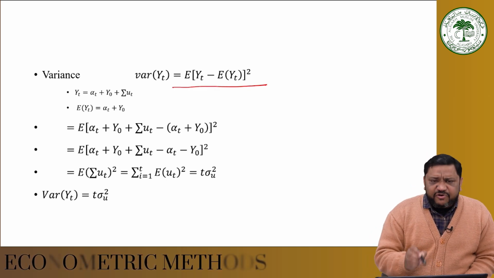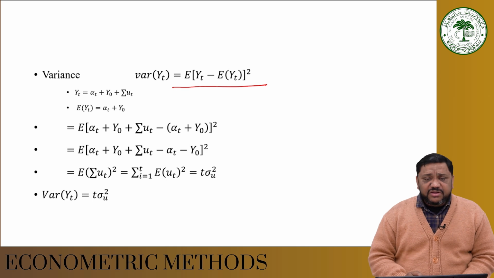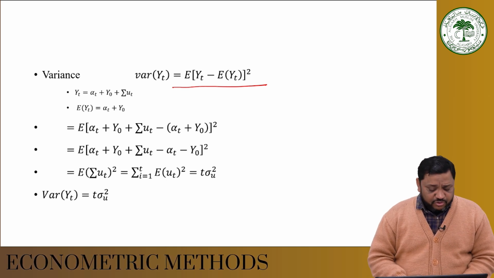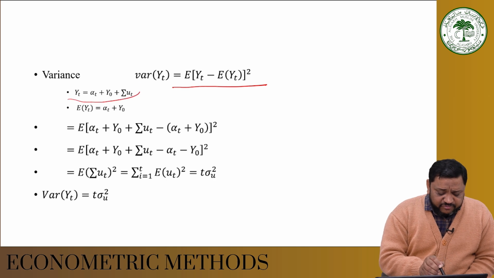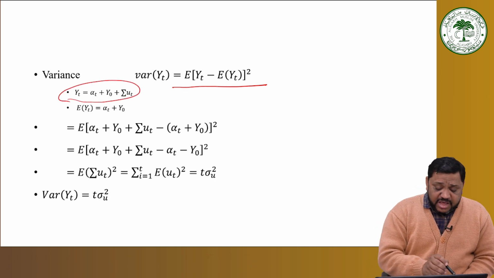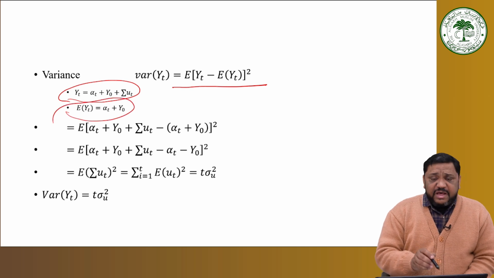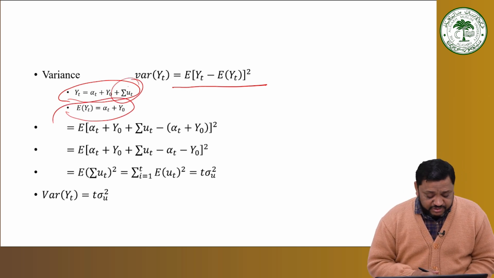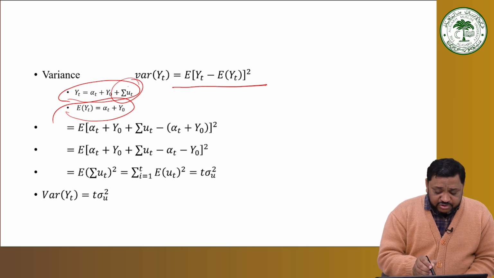Variance, we have seen the formula, is the expected value of yt minus expected value of yt, then the bracket closes, the whole square of it. Yt, we know what yt is. Yt is equal to alpha t plus y0 plus summation ut, and for the expected value of yt, this ut disappears because the expectation of u is equal to 0. We write all those things. So in place of yt we write alpha t plus y0 plus summation ut.